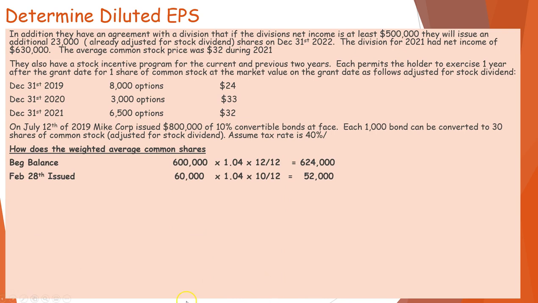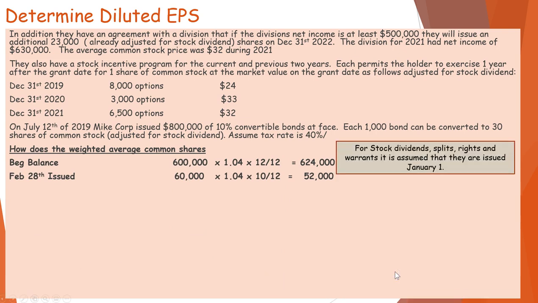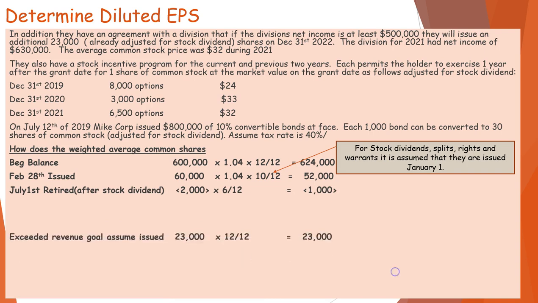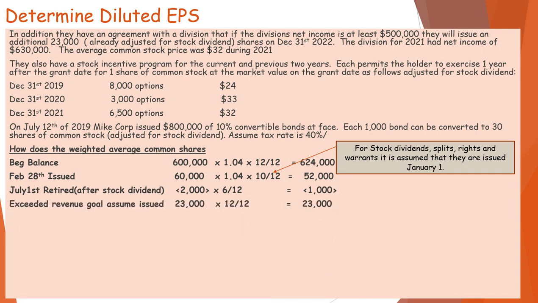That hasn't changed from before. Now, our retired, this pretty much stayed the same, but now since we exceeded our revenue goal, we have to assume these were issued at the beginning of the year, so that would be 23,000 shares right there.